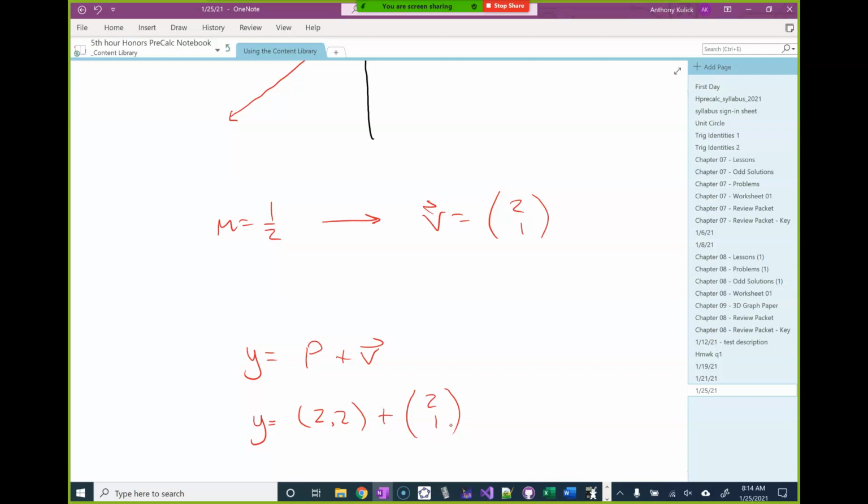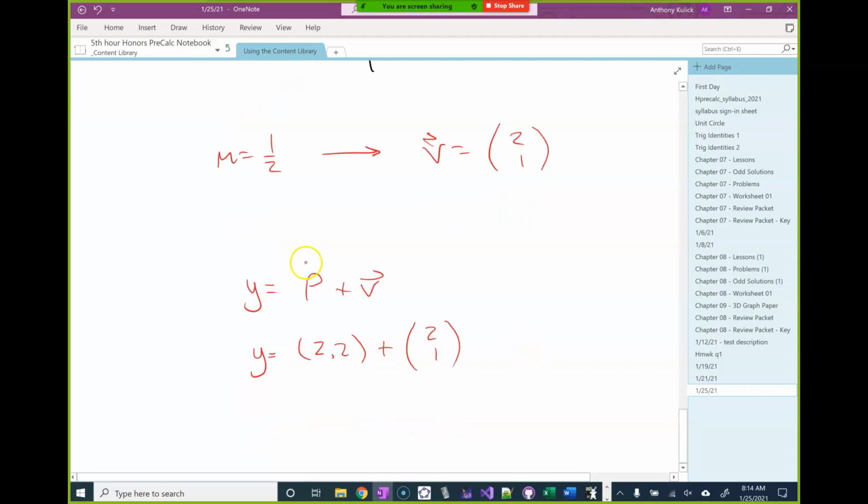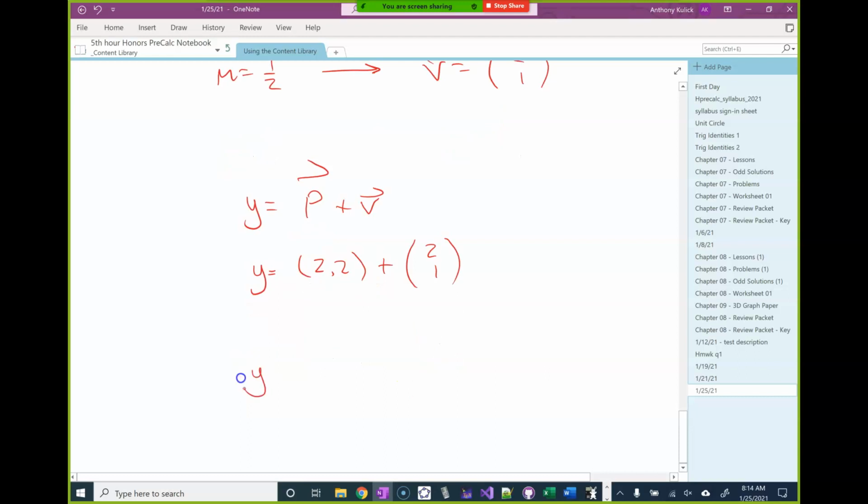Well, we'll just make the point into a vector. Is that okay with that, Ben? And if we're adding two vectors together, we best be getting a vector back, right?